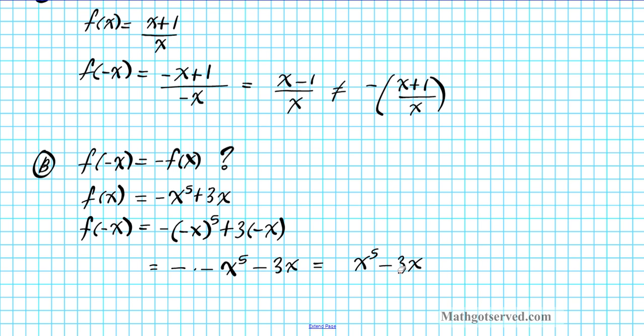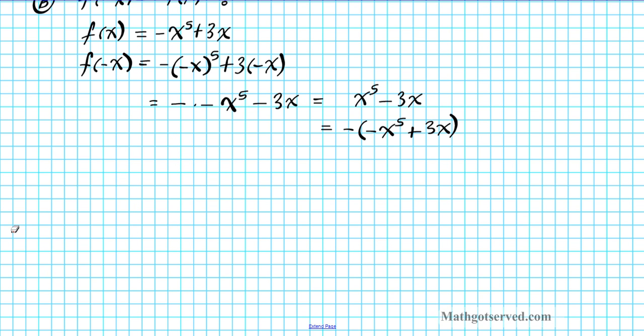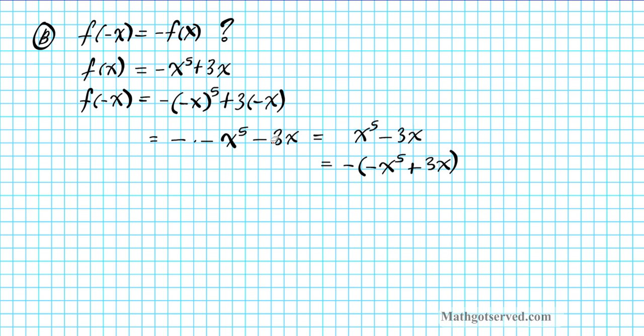Now, if I factor out negative from these two terms, this is going to yield negative. If I factor out negative from a positive term, it's going to become negative. The sign switches. And if I factor out negative from a negative term, it becomes positive. Now, if you take a look at this result, what is this? This is the opposite of the original function.